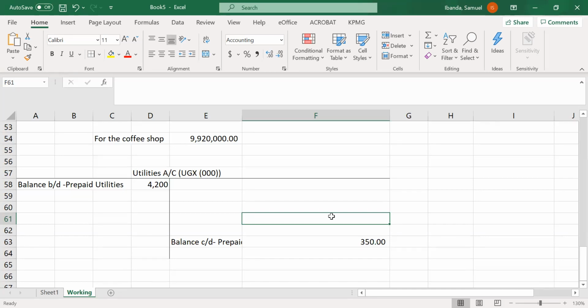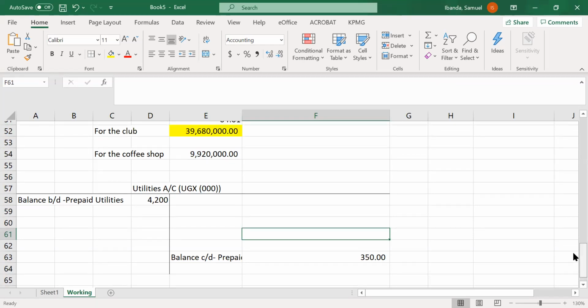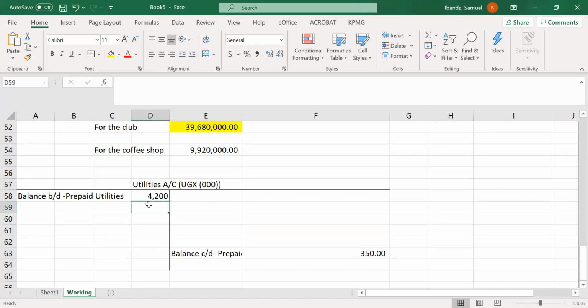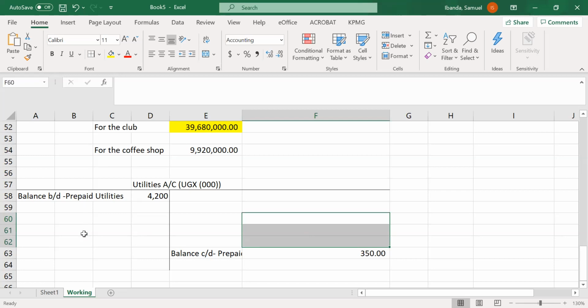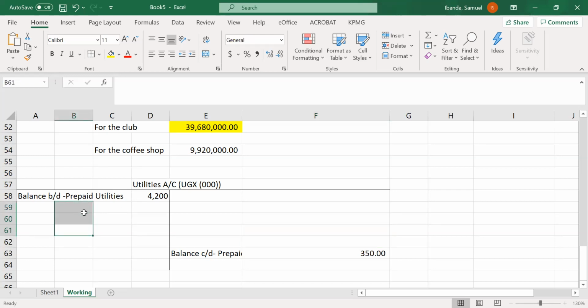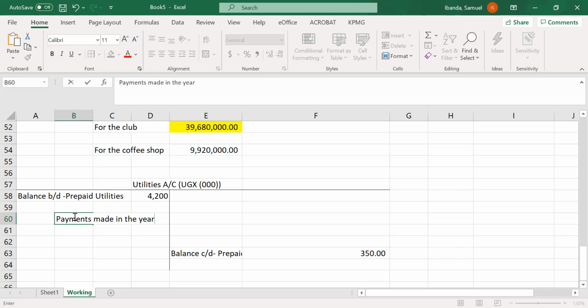So here, since I have prepaid utilities, or for any kind of question, because sometimes you can have both values, you're going to ask yourself a question: what increases and what decreases? So what increases your prepayments? What increases your prepayments are more payments. So payments made in the year increase our prepayment.